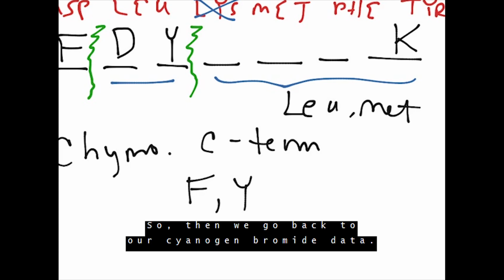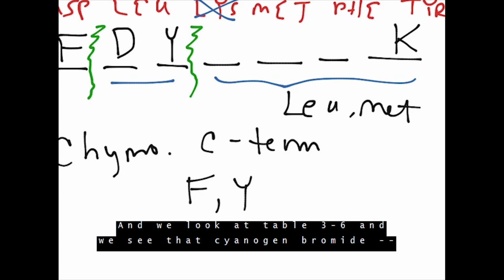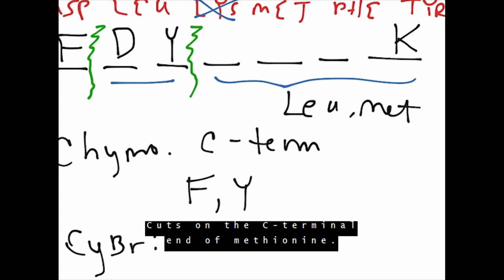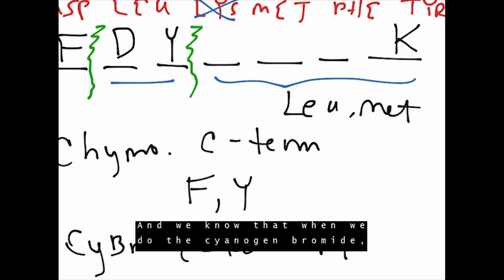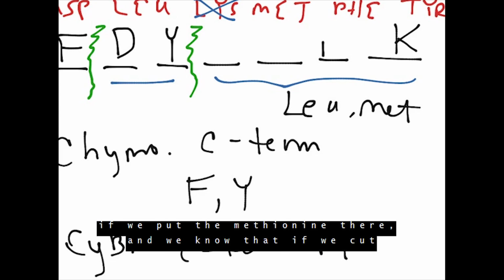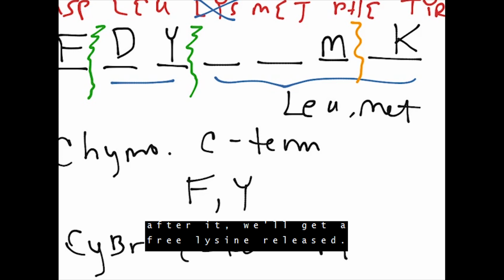So then we go back to our cyanogen bromide data and we look at table 3-6 and we see that cyanogen bromide cuts on the C-terminal end of methionine, so it cuts after methionine. And we know that when we do this cyanogen bromide, we get a free lysine, so that's suggesting if we put the methionine there, and we know that if we cut after it, we'll get a free lysine released.